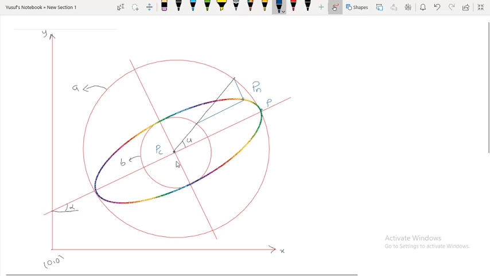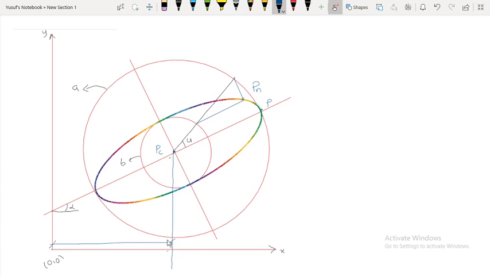If you draw the vertical line, this length is xc. This length is the x component of the center point of the ellipse.